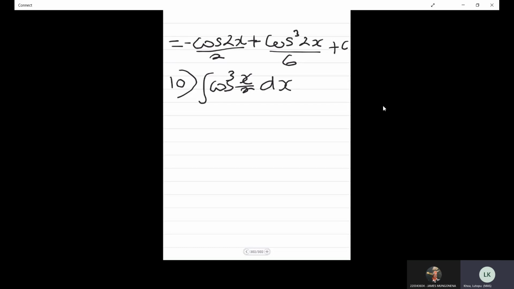Okay, so I hope you managed to finish this question yesterday. Let's just quickly go over it together. We have to integrate cos cubed of x over 2.